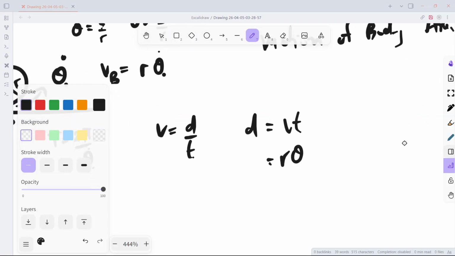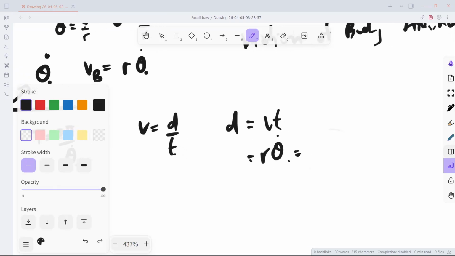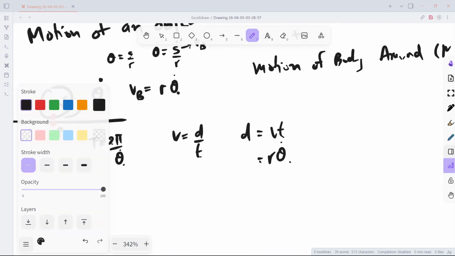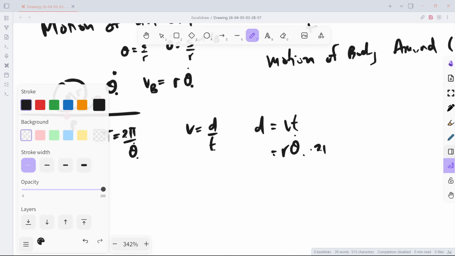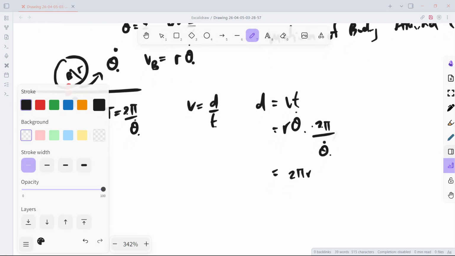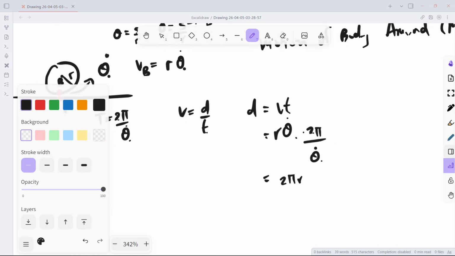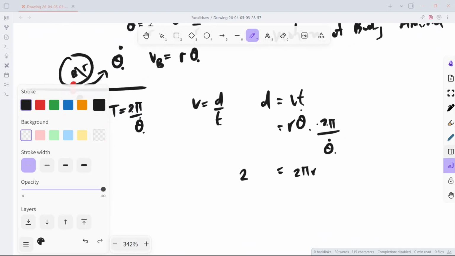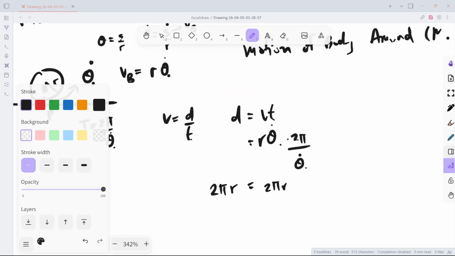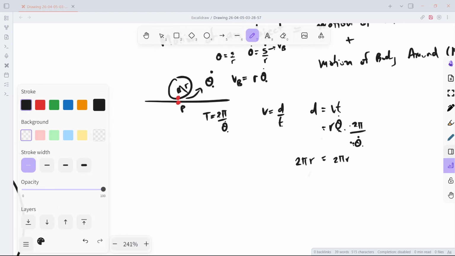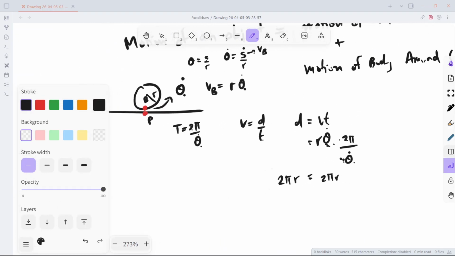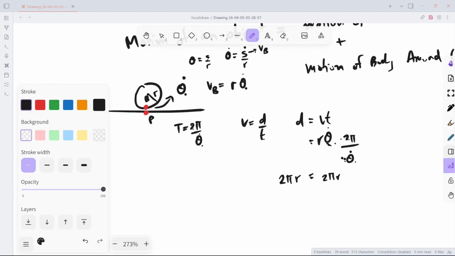So r theta dot times 2 pi by theta dot. Okay, 2 pi r, correct. Okay, and this must have spun 2 pi r. Therefore, these omegas are clearly the same. Yeah, I think this makes sense.